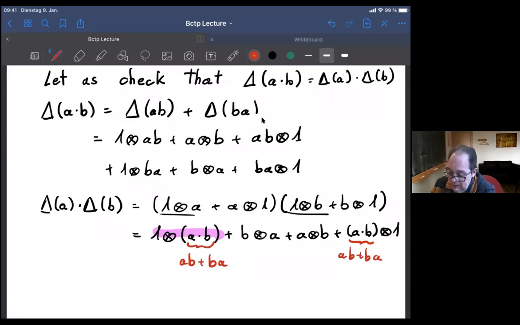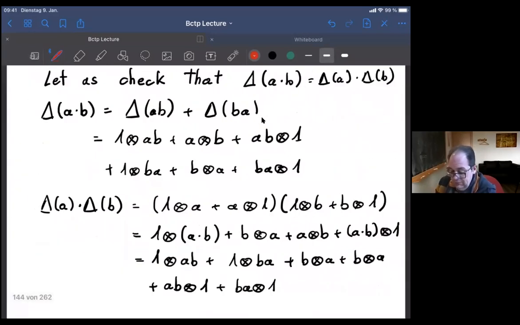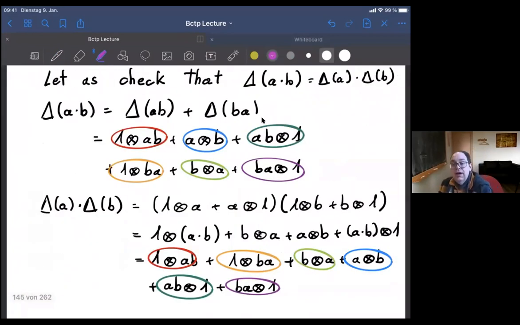And now you can identify, if you do that, you can use the shuffle: here AB is AB plus BA. If you do that, then you see that you just match all the terms. And you see that indeed this relation holds.